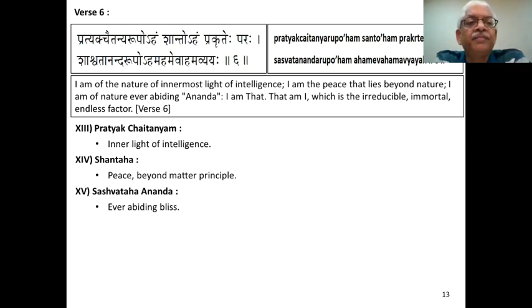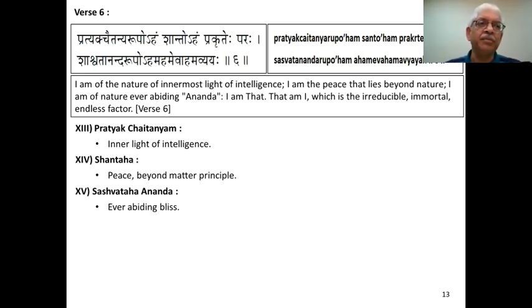Sashvataha Anandaha. Sashvata here means ever abiding bliss. It is ancient, always there. Sashvata means it's always there. Whereas the objects of consciousness are changing. The objects in the waking state are totally different from the objects in the dream state.